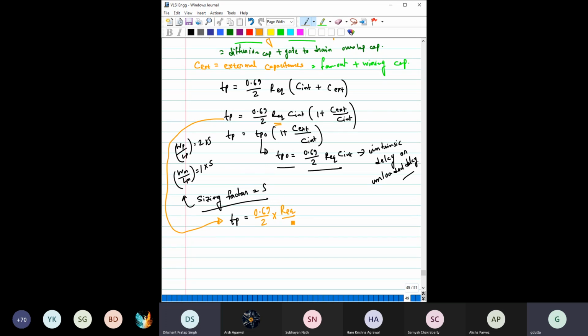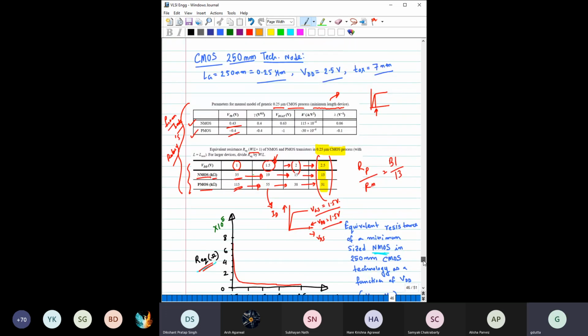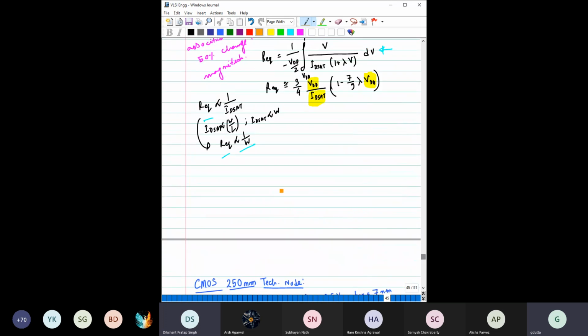And I have already shown you here, right? Today only I have shown you here. See here, R equivalent is proportional to 1 by W, right? So if you are increasing W by 2 times, then R equivalent is going to reduce by 2 times.